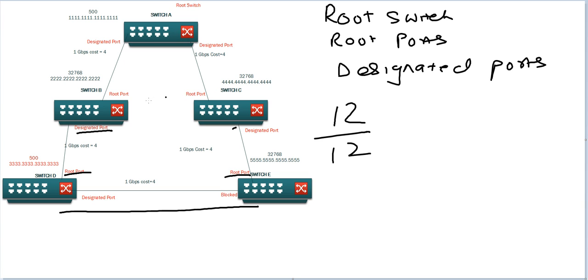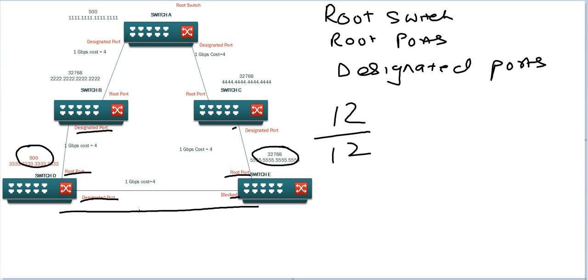This is where the priority comes into the picture. Hence the port on switch D will become the designated port. The port on switch E will be placed in a blocking state, hence we have marked it as blocked, and this is the designated port.